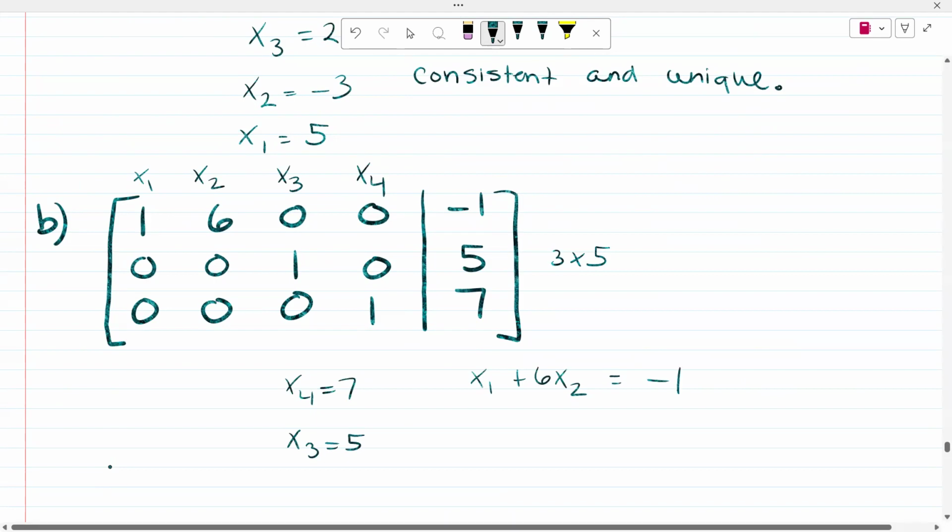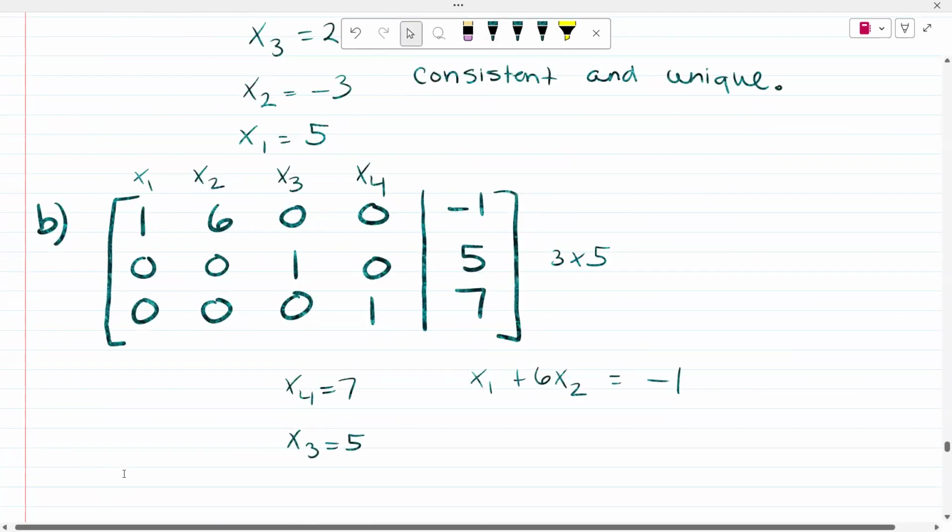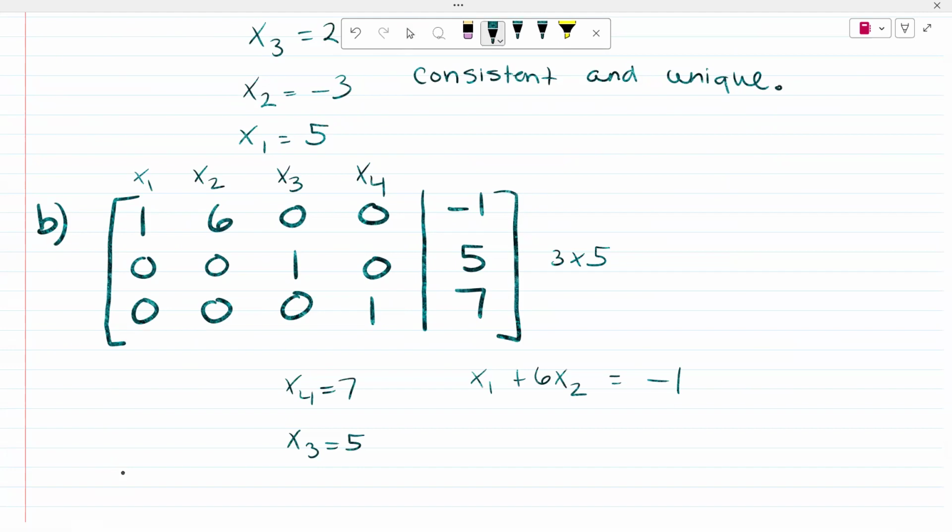So is this going to be consistent? Will this be consistent or inconsistent? What is x2 going to be?